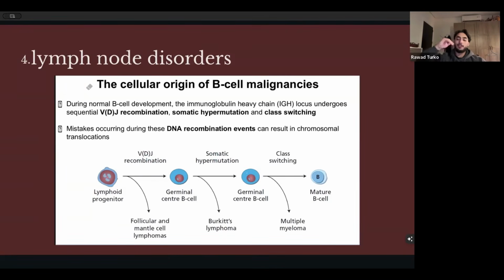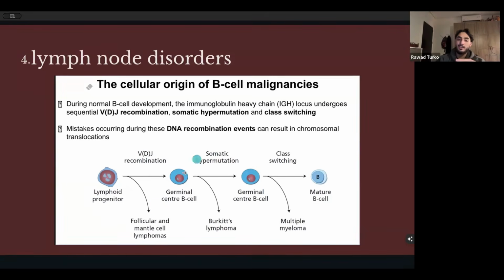So early on in the maturation process of a B cell, it's going to undergo something called the VDJ recombination, where it's basically going to provide variance and differentiation of the B cells in order to be able to react to many different kinds of antigens, okay? And somatic hypermutation is where it kind of gets specific to one antigen.